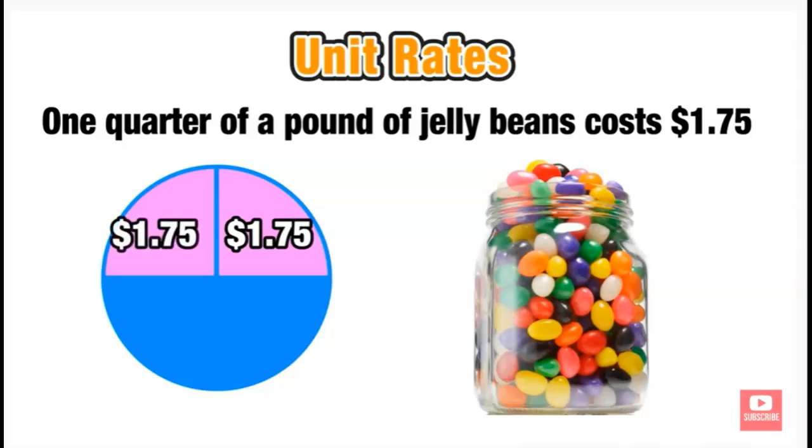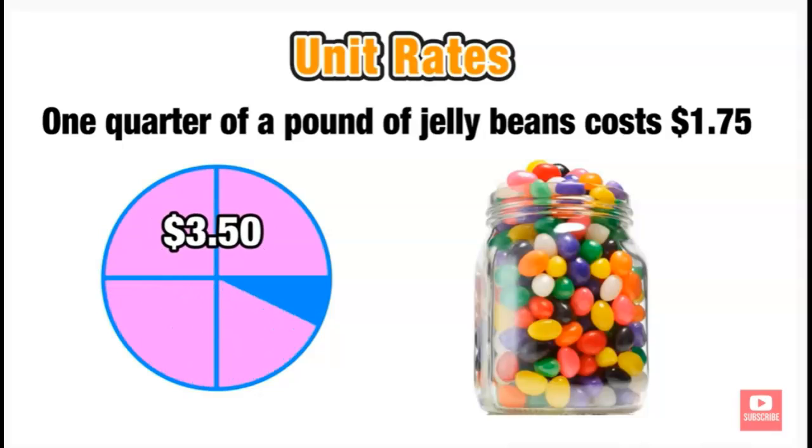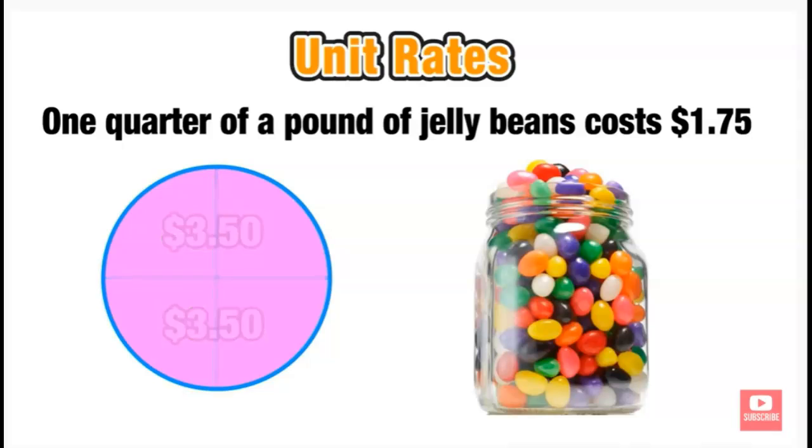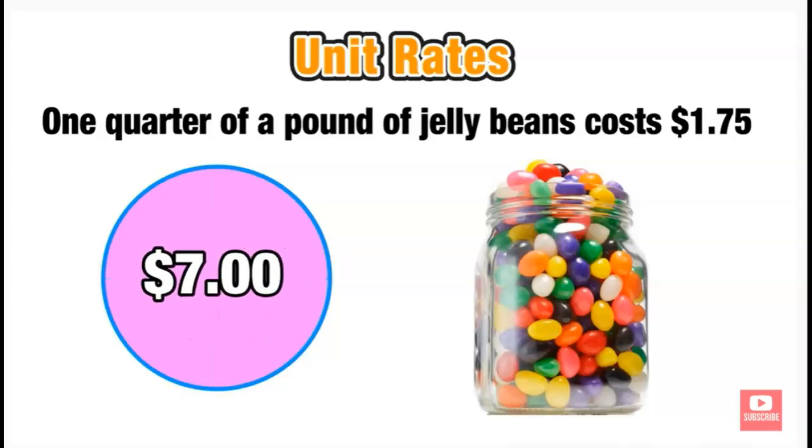So 2 quarters would cost twice that amount, or $1.75 times 2 is equal to $3.50. If we add another half, that would be another $3.50. So we know that 3.50 plus 3.50 is equal to 7, which is the price per pound for jelly beans.